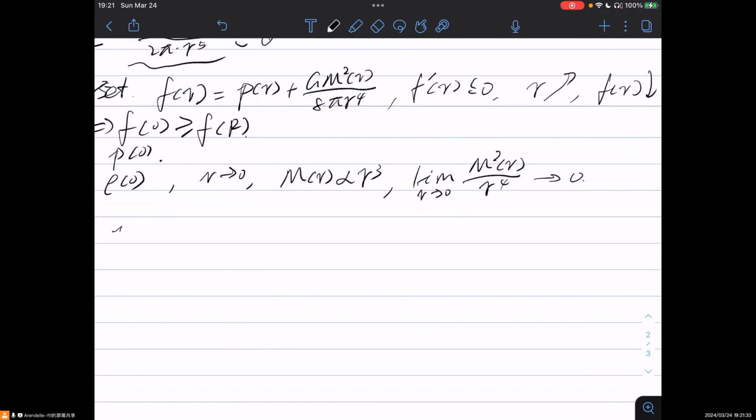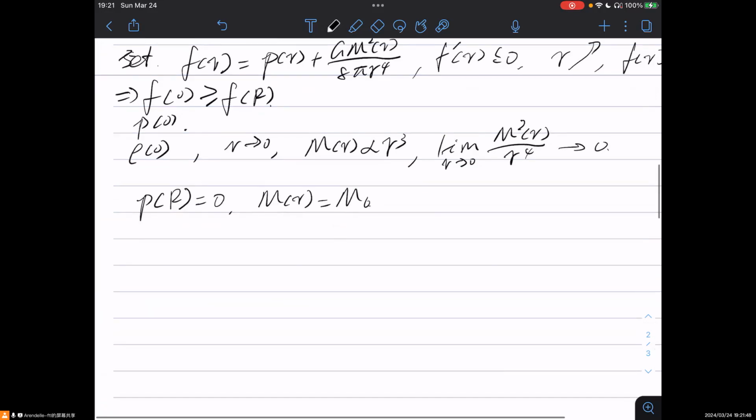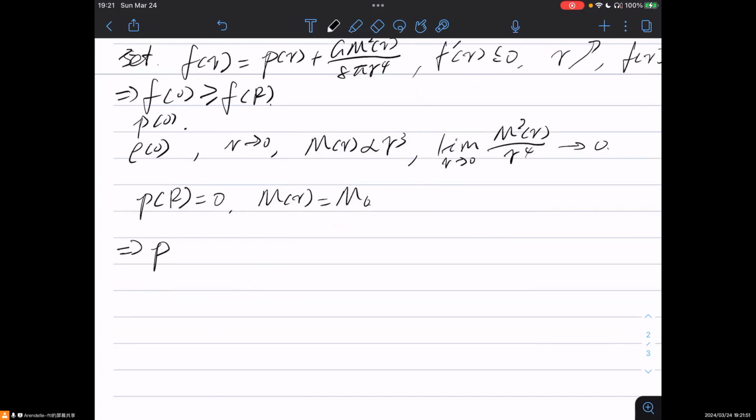On the other hand, at the surface of the star, the pressure is assumed to be 0, and m(r) equals the total mass M of the star. And finally, we obtain the inequality for the central pressure of the star, P0, larger than G M squared over 8 pi times the fourth power of capital R. Okay.